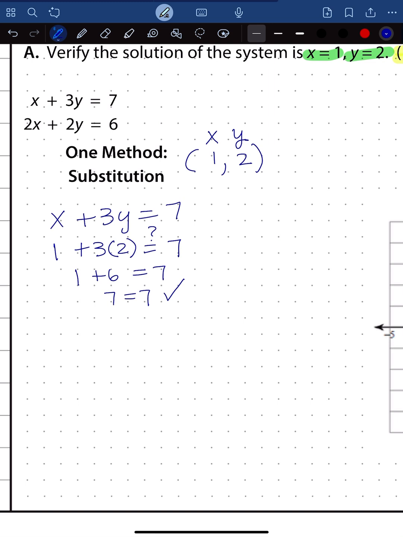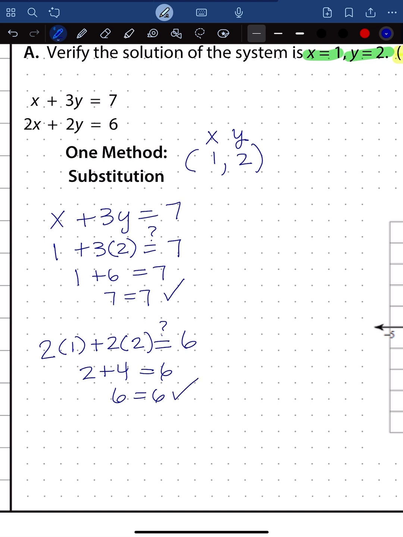Let's see if it satisfies the second equation. We have 2 times x. We know x is equal to 1, plus 2 times y. We know y is equal to 2. And I want to know, does that equal 6? So this is 2 plus 4, and 2 plus 4 equals 6.